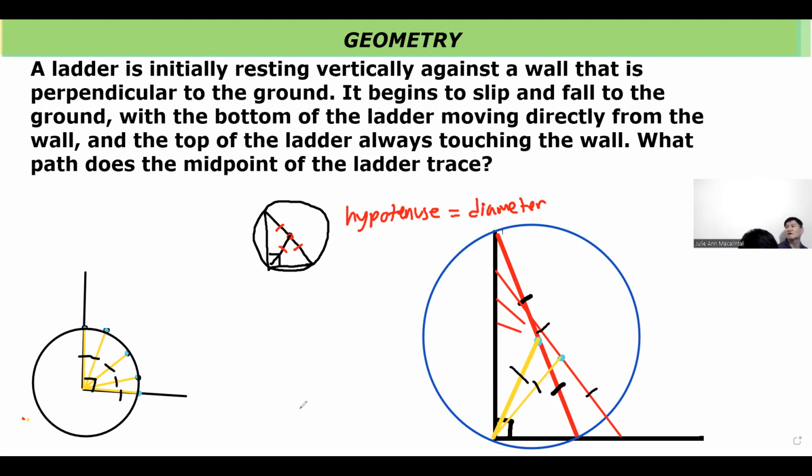The length of the yellow segment is half of the diameter, so it is the radius.